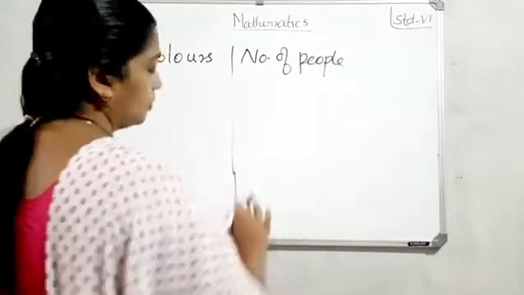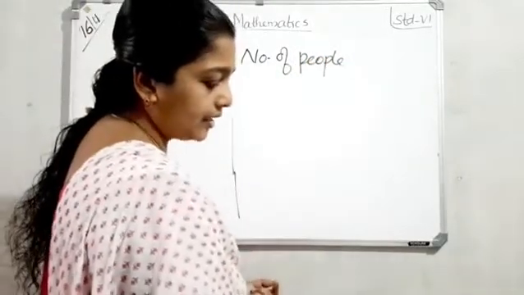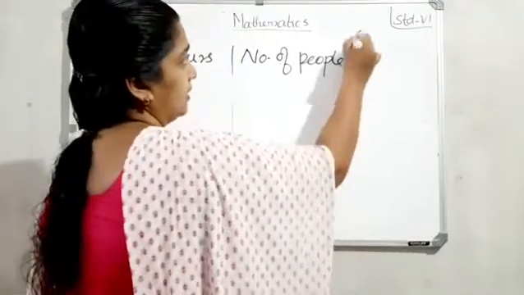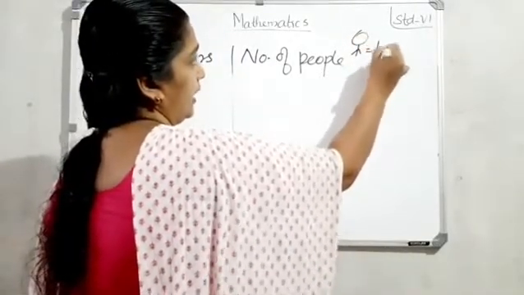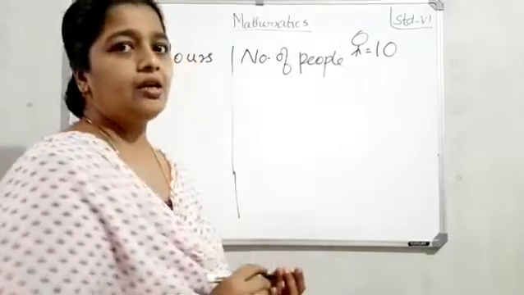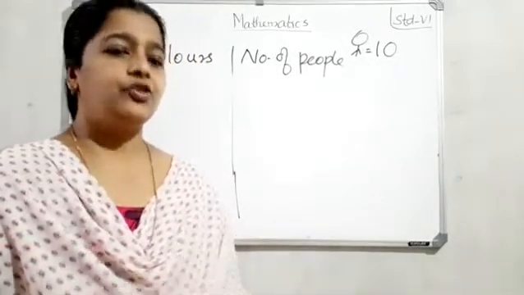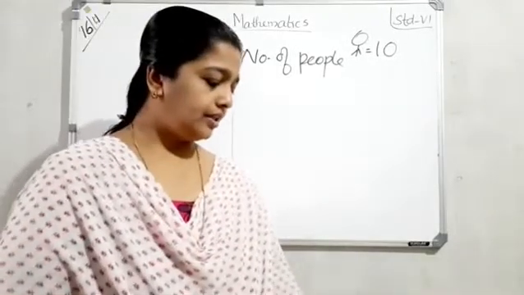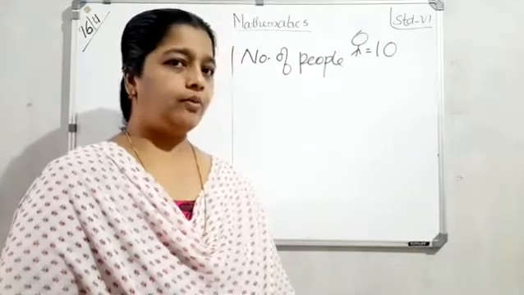Then you must check the representation. One symbol equals 10 people. That is, one symbol represents 10 people. Clear?